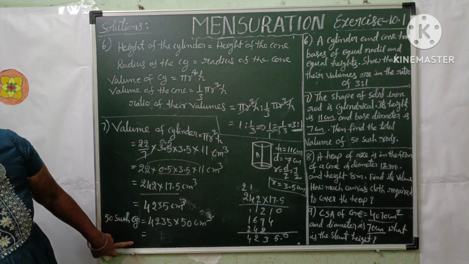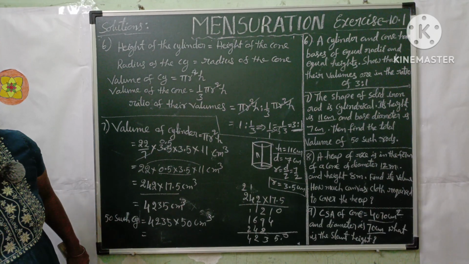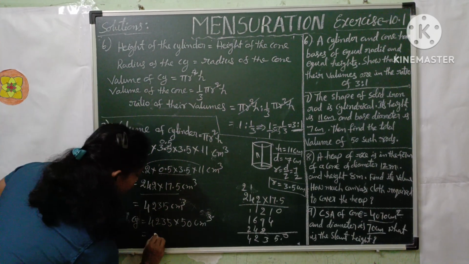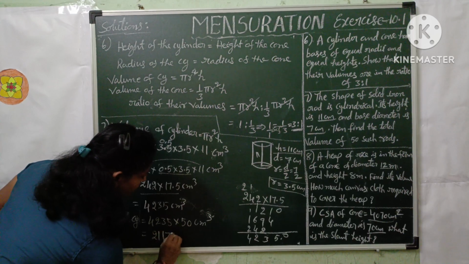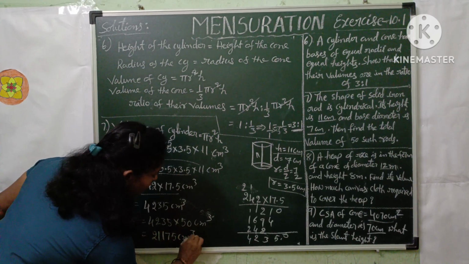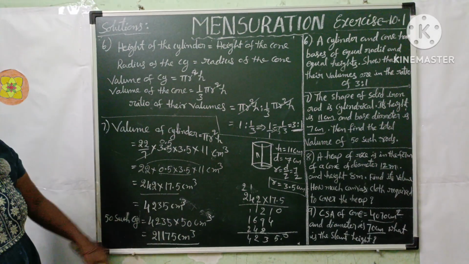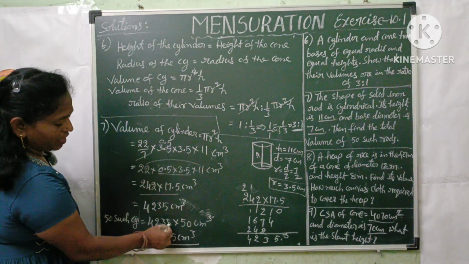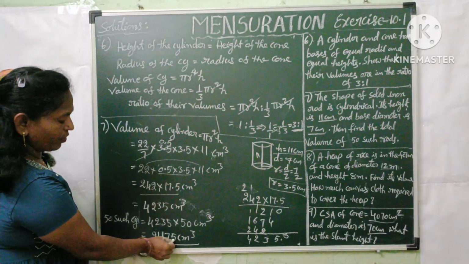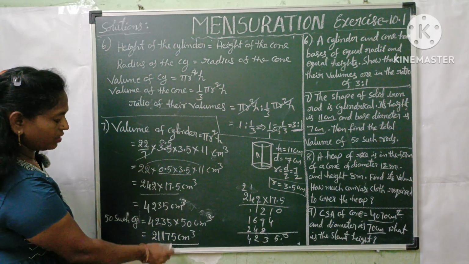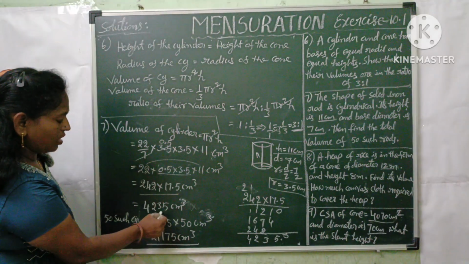21,175 centimeter cube. If you multiply, simply we have to multiply. 5 5s are 25, 5. Okay, later we have to add the 0 to the right side. 25 and 2 here.